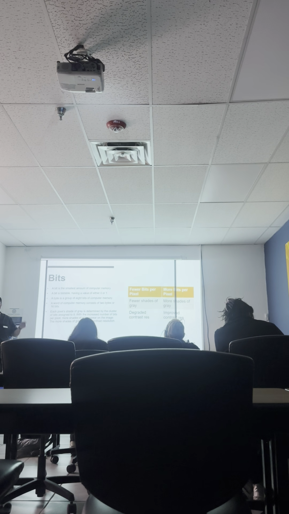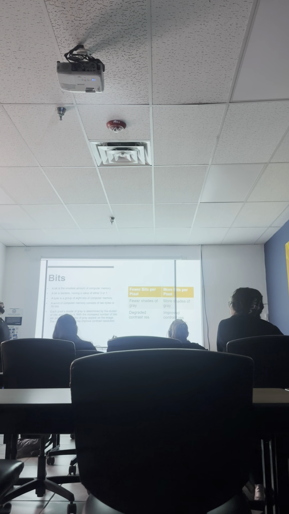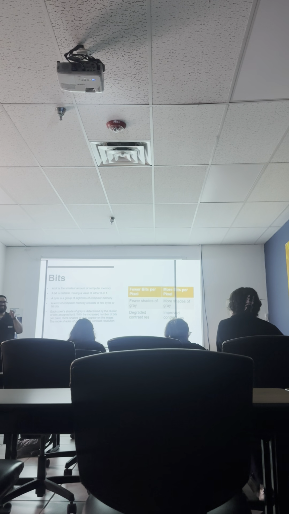A piece of computer information, right? 8 bits equals a byte. 1 word equals 2 bytes. 1 word equals 16 bits. Just let that steep in your head for a bit, okay?